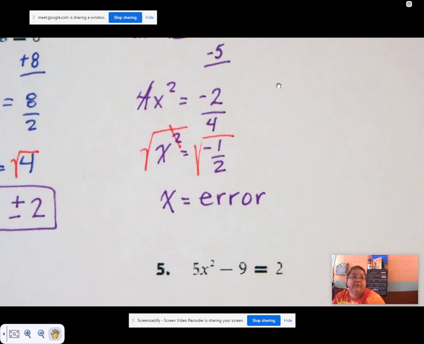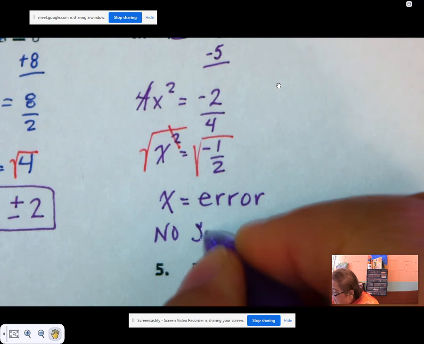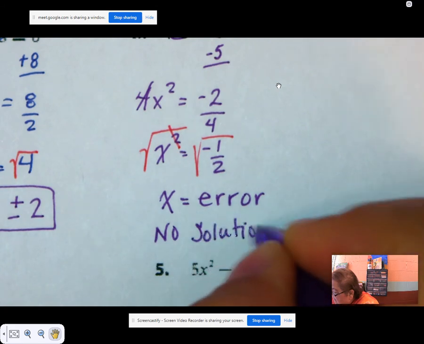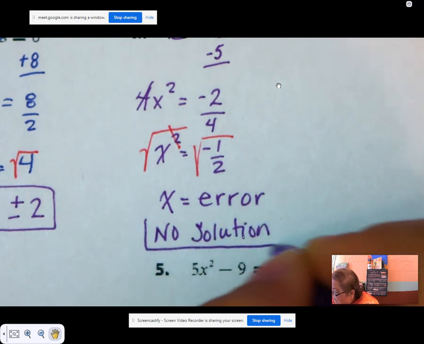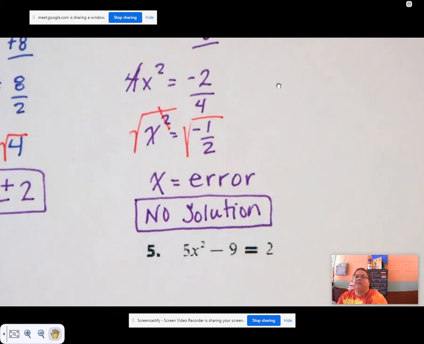Because it's negative. And in Algebra 1, we can't take the root of negative numbers. So if it's an error, what is my actual answer? No solution. No real numbers. Something like that, but no solution.